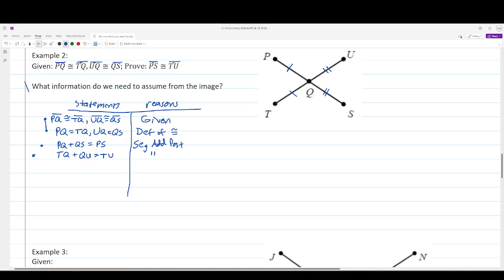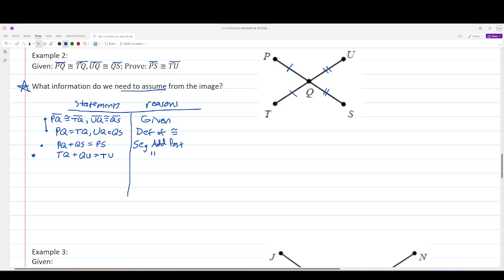They came from assuming something from the drawing. We assume that Q is between P and S and that Q is between T and U. That's what allows us to write these two statements. So it's kind of weird because it feels like they magically appear, which is why I emphasize thinking about what we are assuming from the figure, because that's the basis of where these appear from.